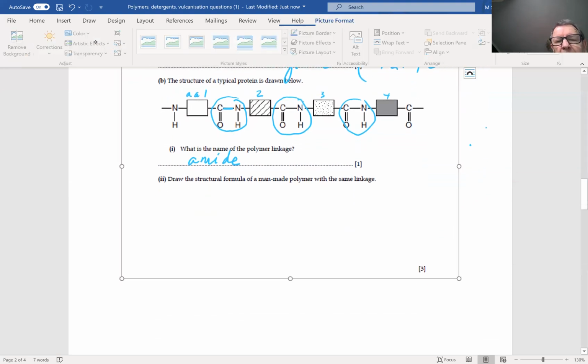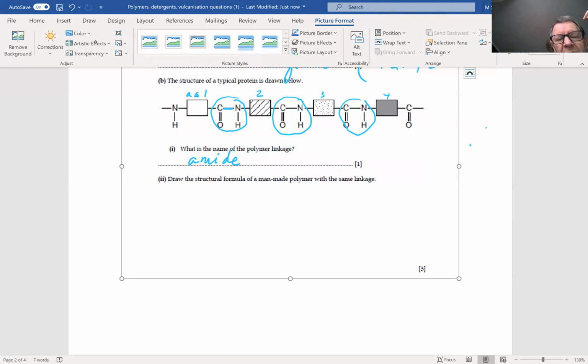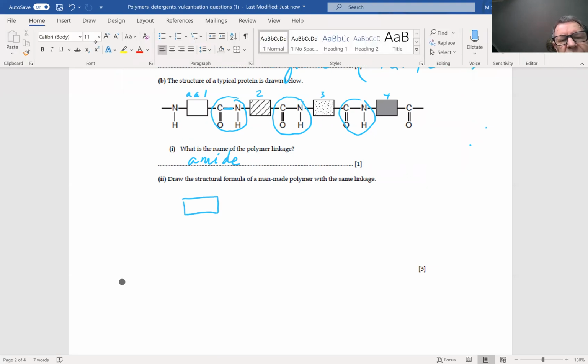The structural formula of a man-made polymer. Now, amino acids are able to join many in a chain, slightly different, each one of them. But man-made ones are always of two different types. And the best way of doing it is just to draw a set of, let's say, 4 boxes. But what is important is that we've got one type of box, then a different one, then the same one again, then a different one, and so on.